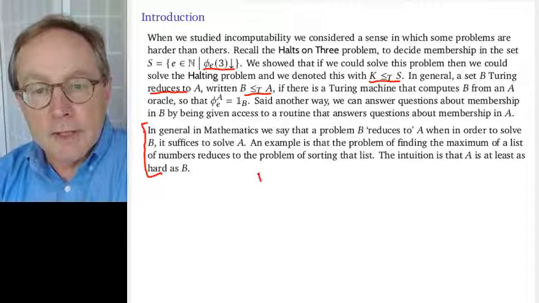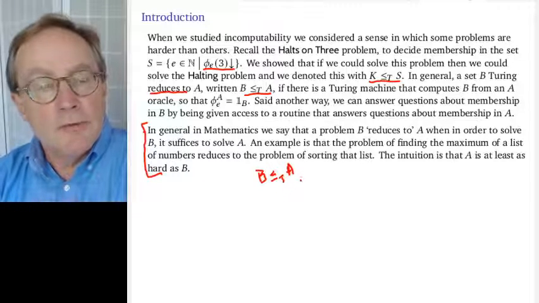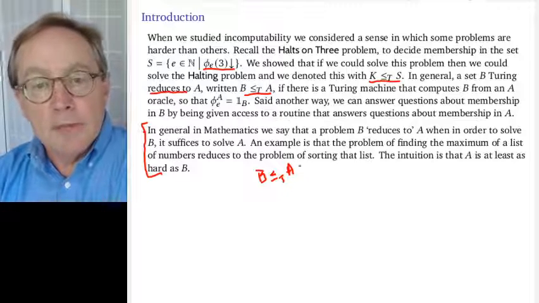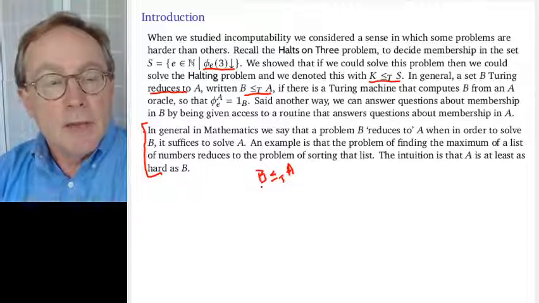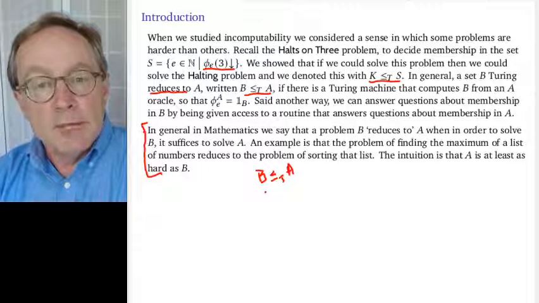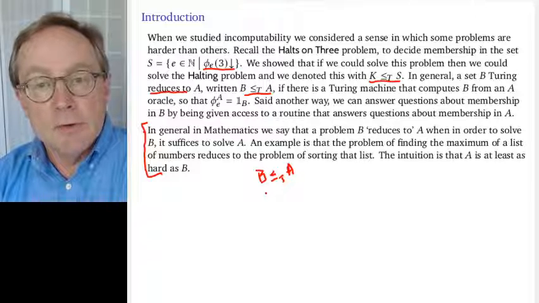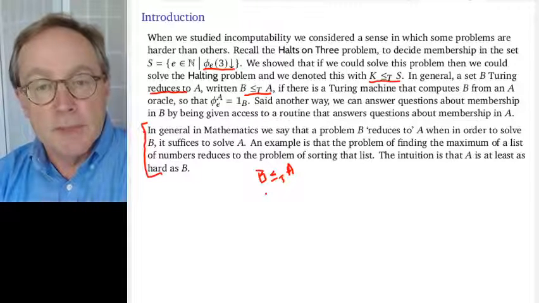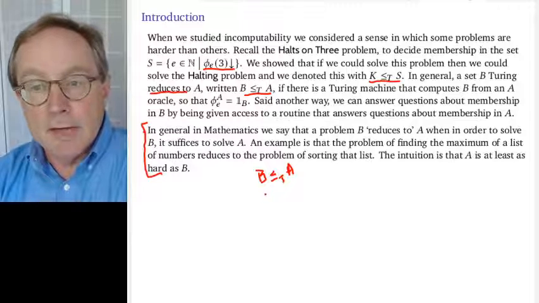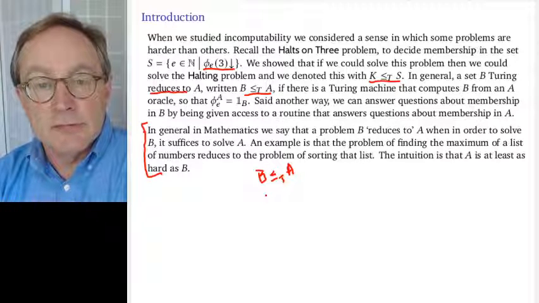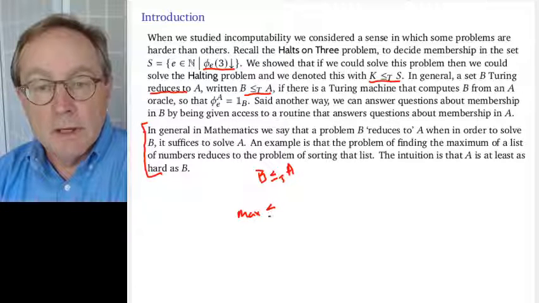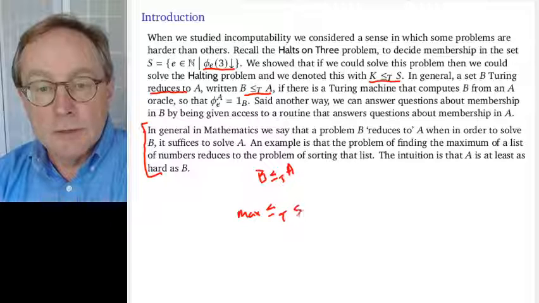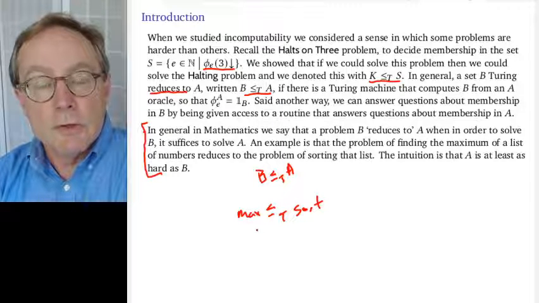Sometimes when you write B Turing reduces to A, people get the phrase backwards, because it makes it look like you're taking A and reducing it down to a smaller size B. That's not right. B reduces to A means that if you could solve A, then you could solve B. The example I gave is that finding the maximum of a list of numbers reduces to the problem of sorting that list. So max is less than or equal to sorting. If you could sort, you could clearly find the max.